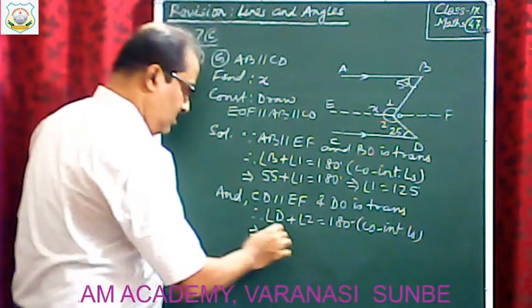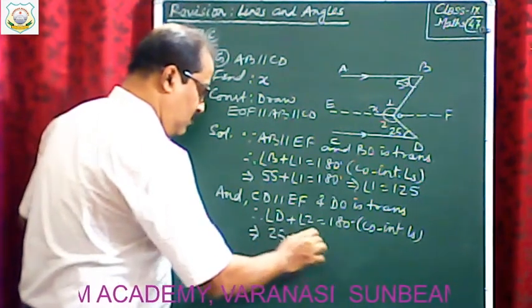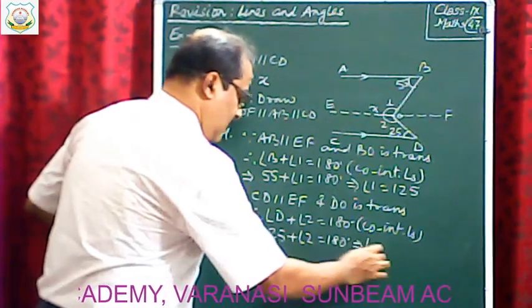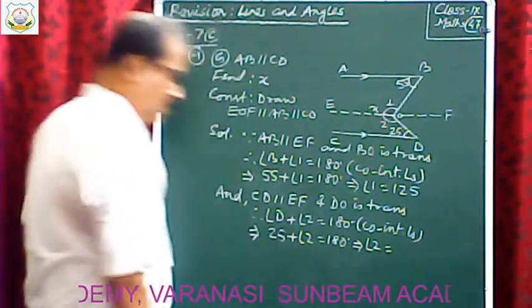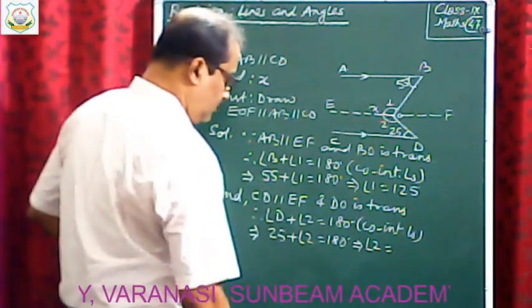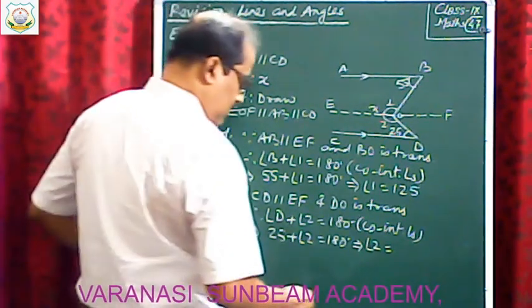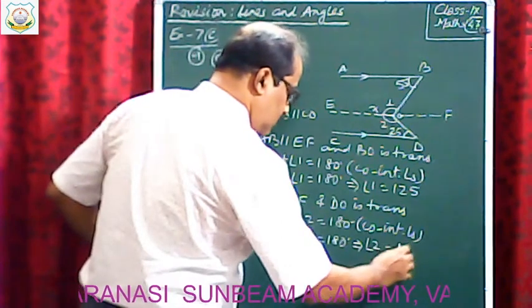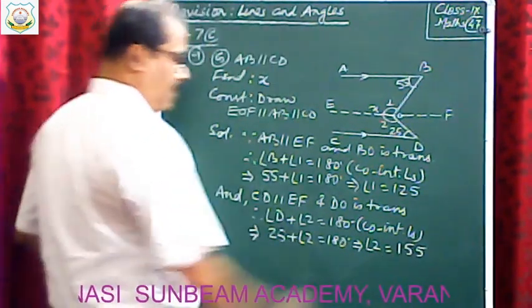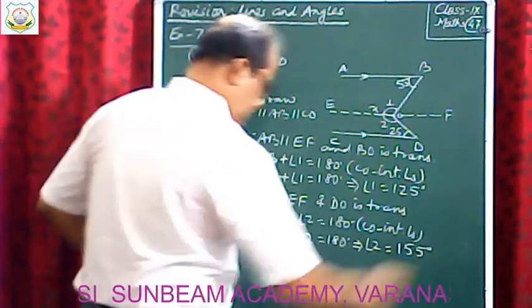Angle D is 25 plus angle 2 equal to 180, implies that angle 2 equal to how much? 155 degree.